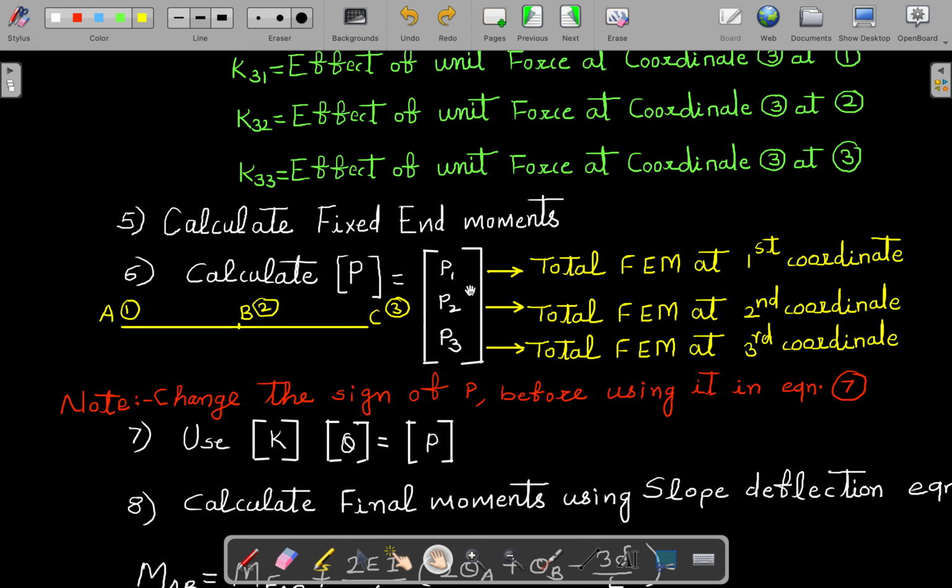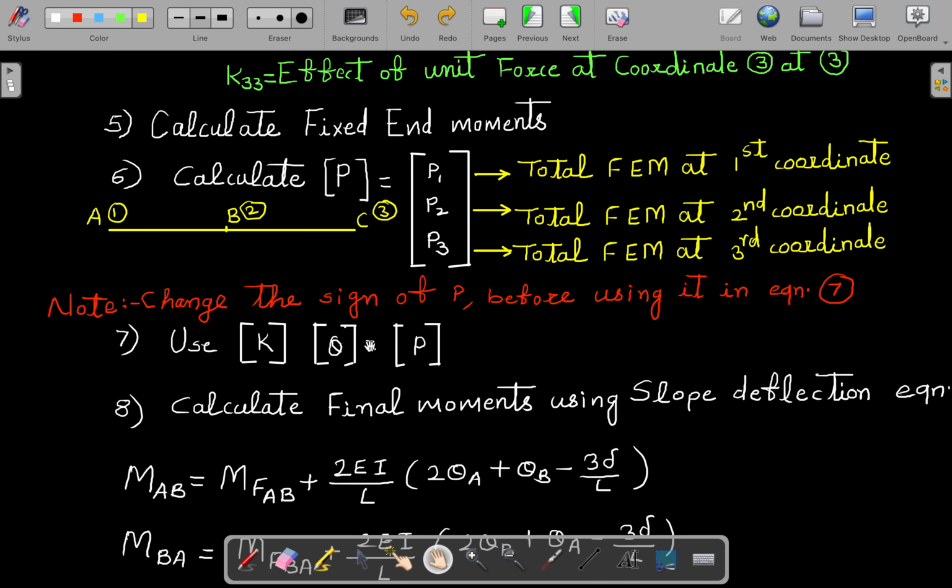Once we get the forces, then we go to the calculation of any rotation and deflection, whatever unknowns are there, that we are going to find out. But before that we have to change the sign of the P values. Whatever signs we get, we will change them, and then use it in this particular matrix.